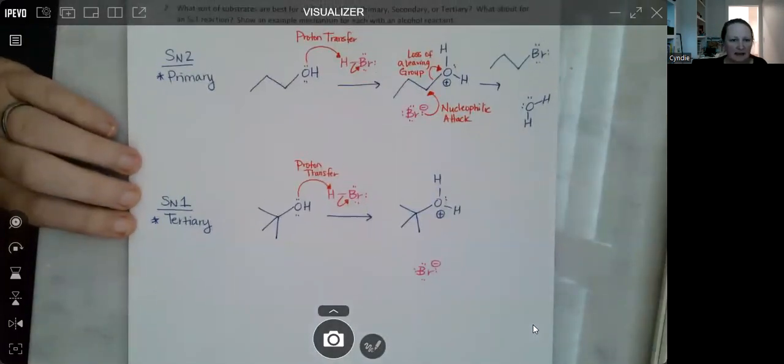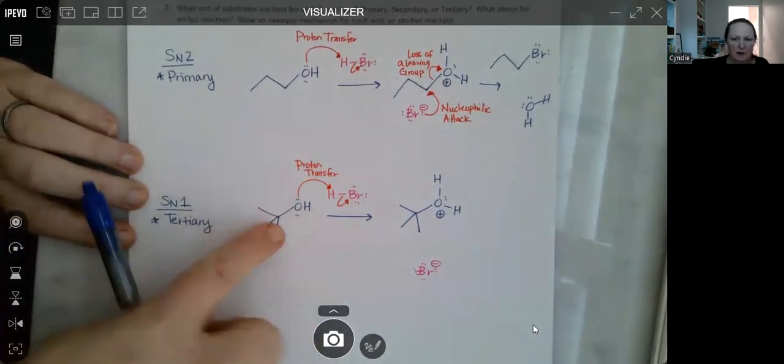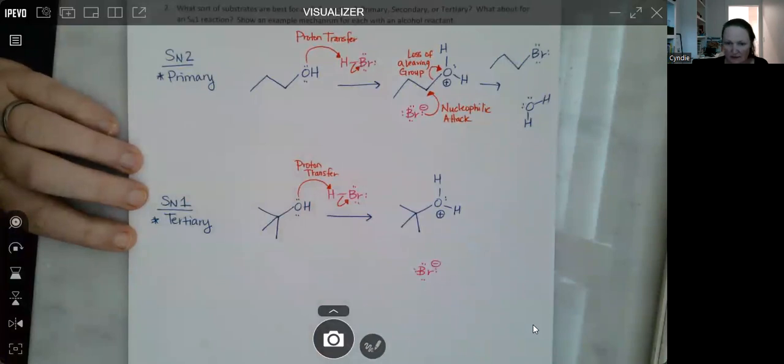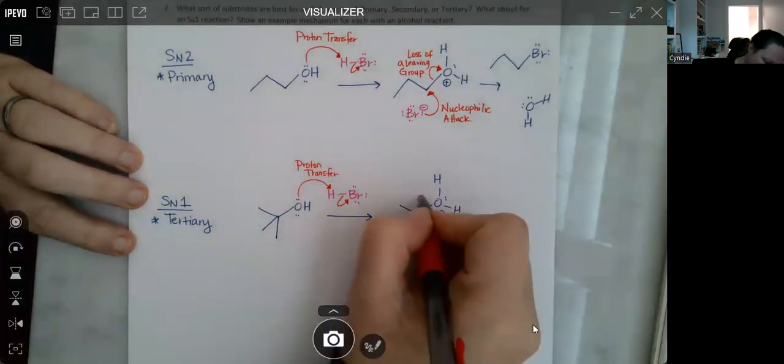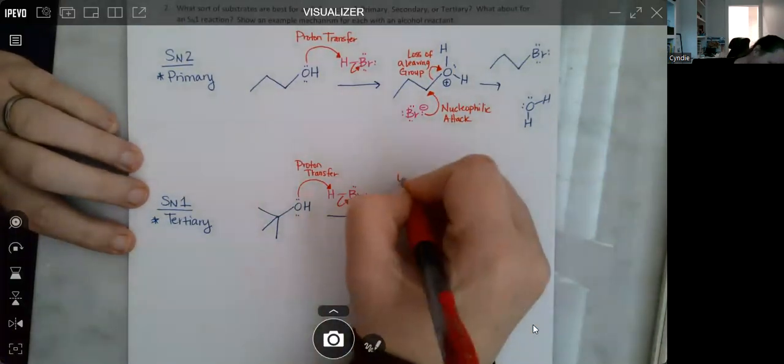But that is not going to be the case with a tertiary substrate. That will undergo SN1 instead of SN2, which with SN1, we have separate steps. So first, we do loss of a leaving group.